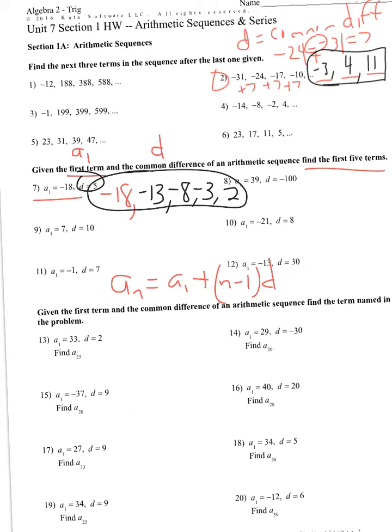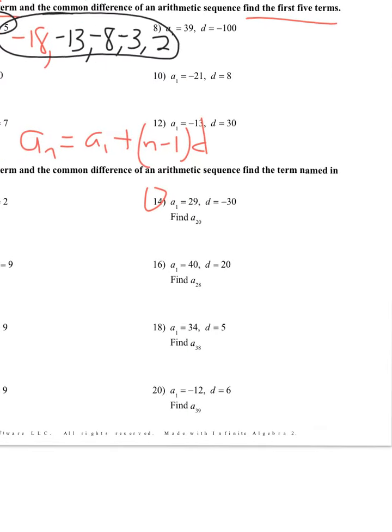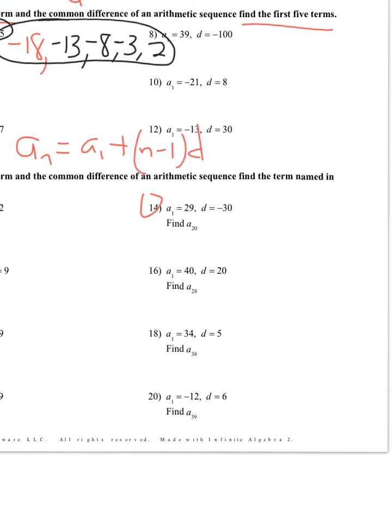So if we look at number 14 here, we are trying to find a20. So if I have AN equals A1 plus n minus 1 multiplied by D, I am trying to find A20.